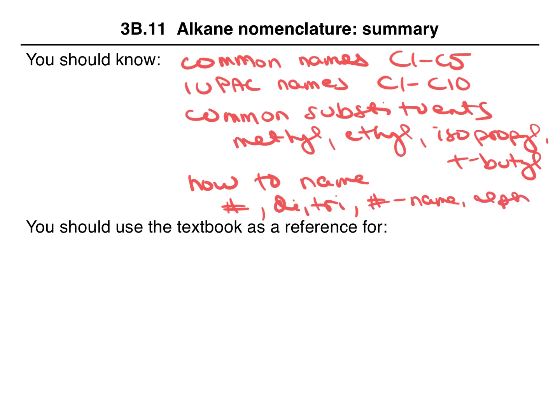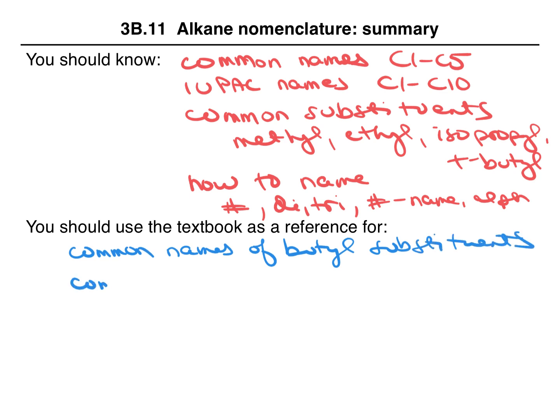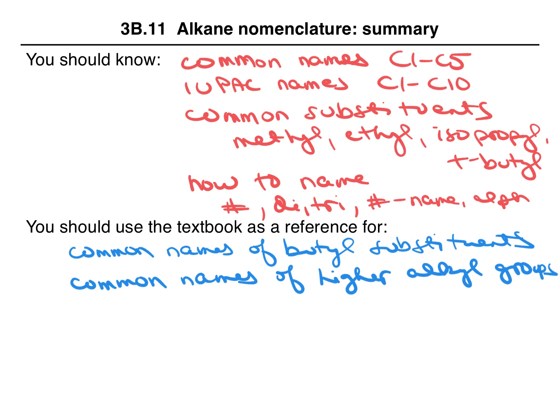Now, you should use the textbook as a reference for the common names of the butyl substituents, the common names of other higher alkyl groups. So we can keep using sec and iso, but I'm not going to use those. If it comes up in a textbook problem, then use the textbook as a resource.